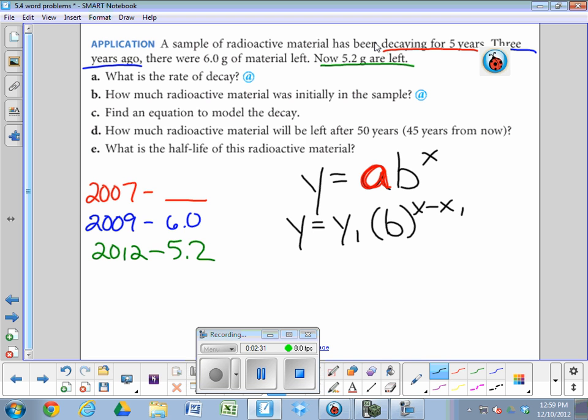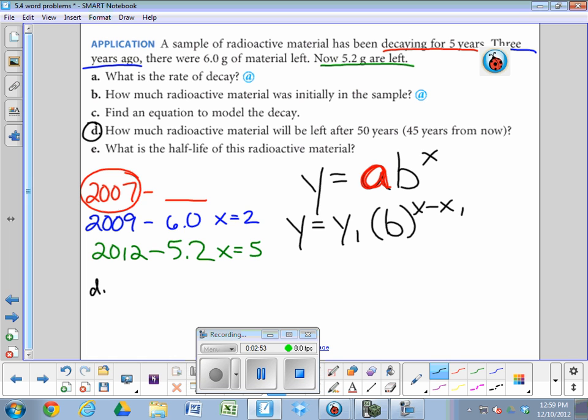So you need to know, first of all, if 2007 is year 0, what year would 2009 be? 2. And what would 2012 be? 5. And when we go to part D, how much would there be after 50 years?